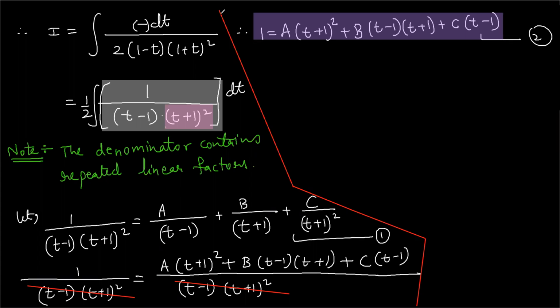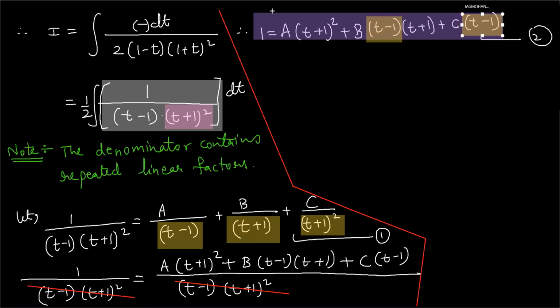When I put t as 1, this will become 0 and this will become 0. I get t minus 1 as 0, and 0 multiplied with b and c will be eliminated and I will get the value of a. So that is my trick.